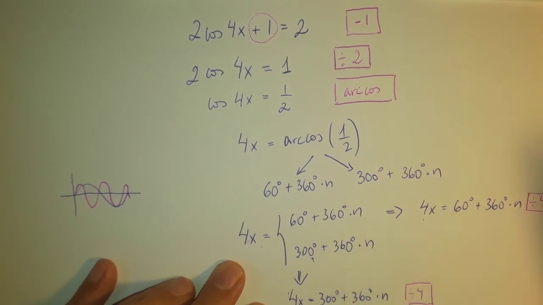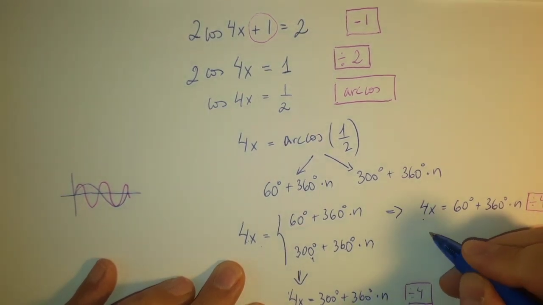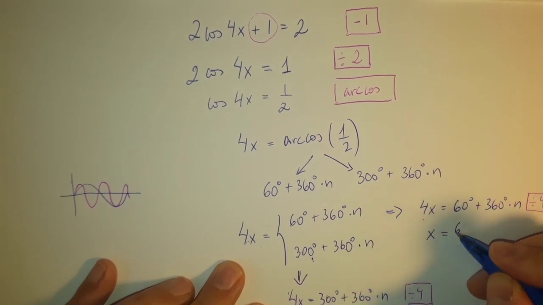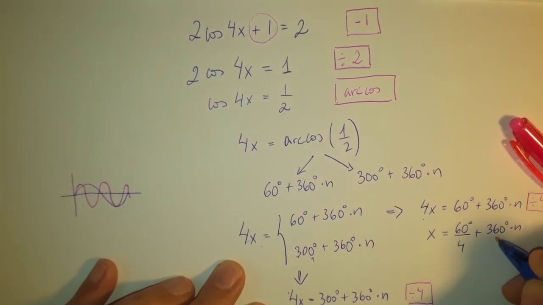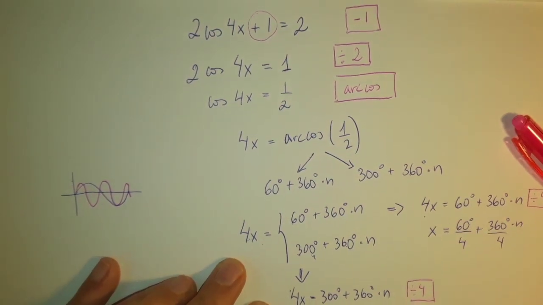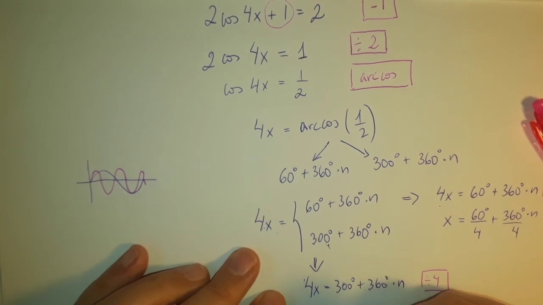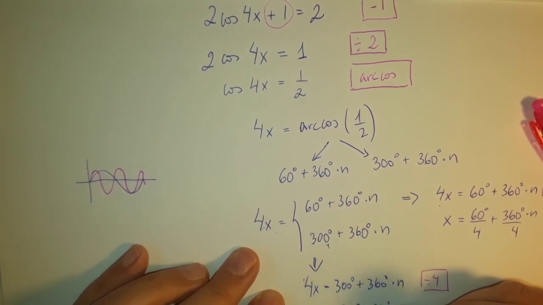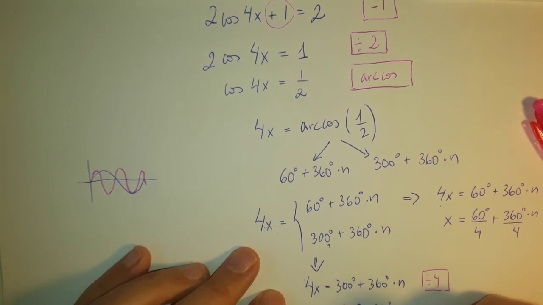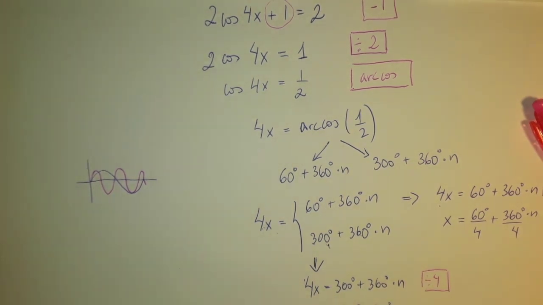So what I'm gonna have left is x equals 60 over 4 plus 360 times n over 4. The same in here, x equals 300 over 4 plus 360 times n over 4, right?